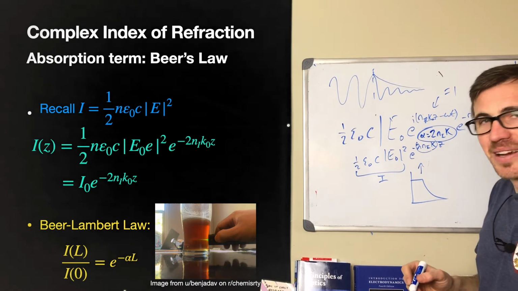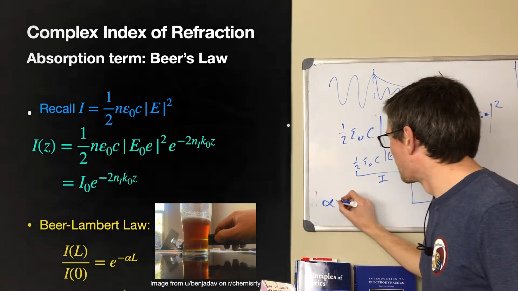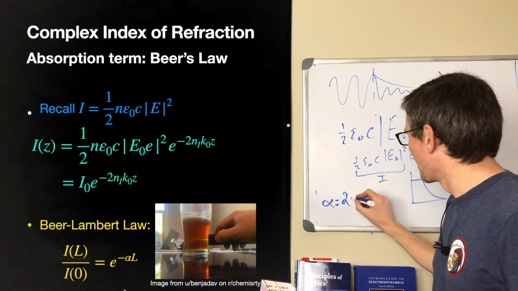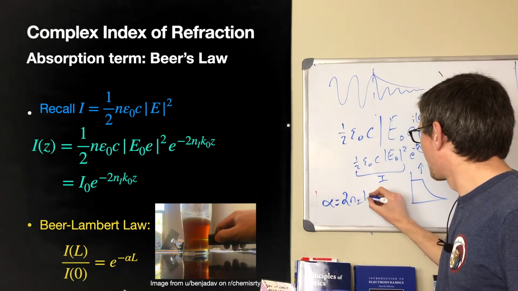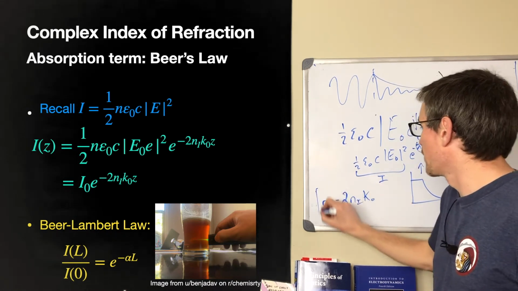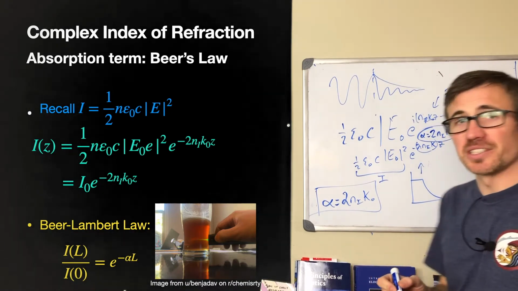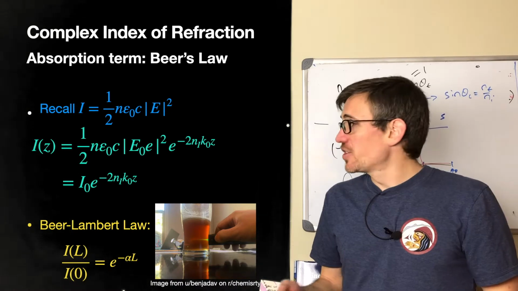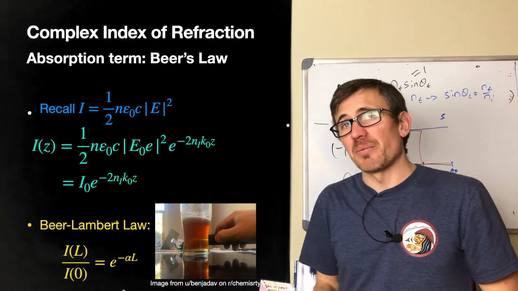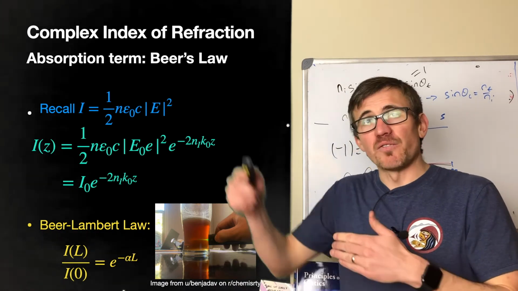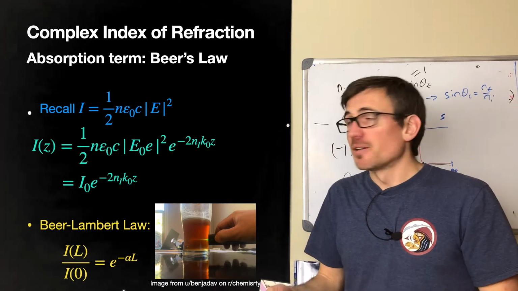All right, it's hidden in there. I better actually write it more legibly. It's not good to hide your equations in the middle of a lecture. So alpha is 2 n imaginary times k naught, which is 2 pi over lambda. All right, and you can use this to quantify different substances. And just for some nomenclature, the optical depth is how far you have to go before you've decayed by 1 over e.